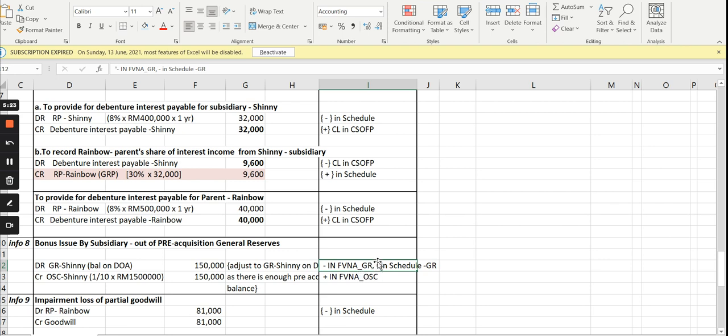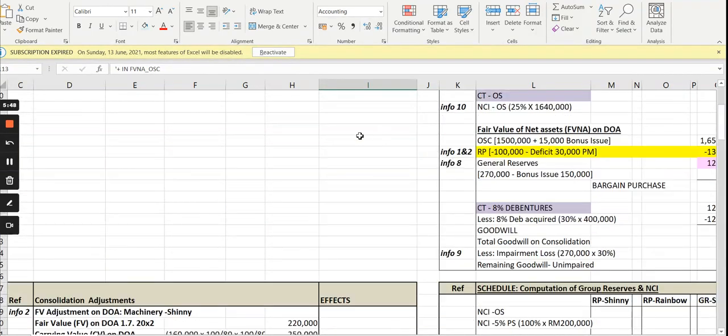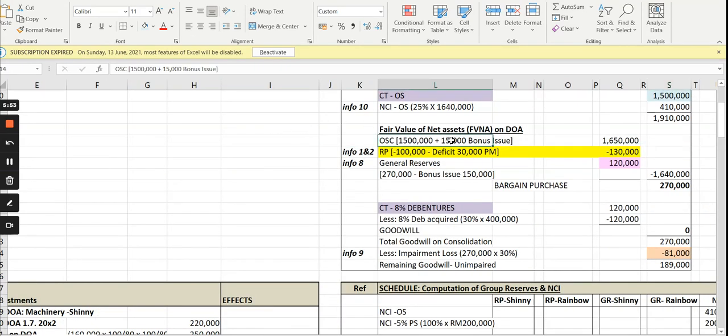So you need to adjust the fair value of net asset. One is under general reserve: you need to reduce the general reserve with the bonus issue since this is from pre-acquisition. You also need to increase your share capital, because it has increased from 1.5 million by 150,000. This adjustment will affect two parts in your fair value of net asset. The share capital with the bonus issue will now be 1,650.